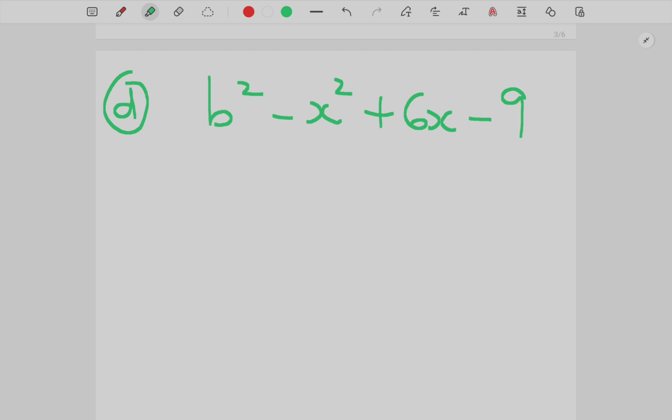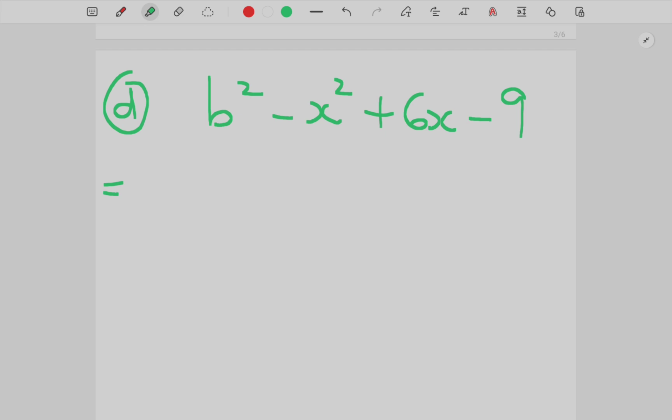When you look at this one, it is similar to the question from the question paper of February 2022. So you are not going to use factorization by taking out the highest common factor, and you are also not going to factorize by grouping here because you won't have a common bracket.